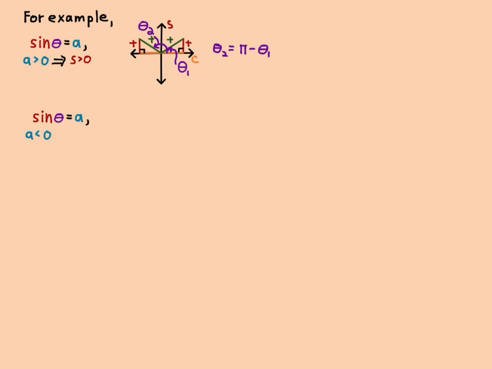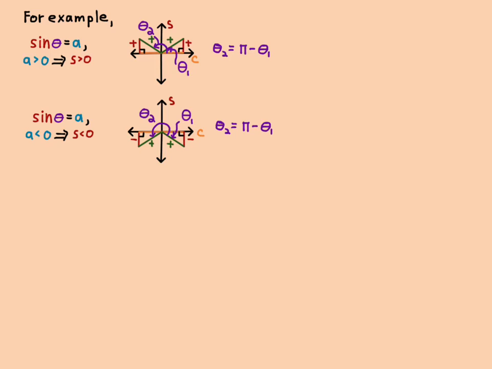So if sine theta equals a, if a is negative, then s is less than 0, and so you're down in one of these two triangles. And those, again, differ by this relation. These are what we call supplementary angles. They add up to pi, or 180 degrees.